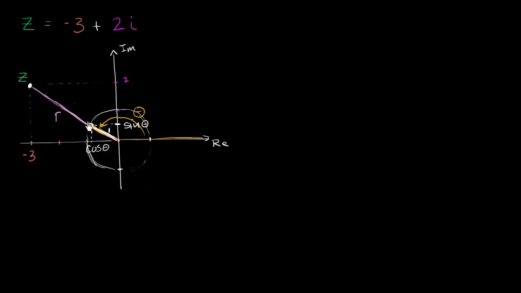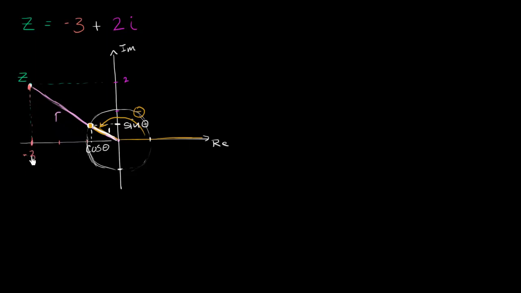So this distance right over here is 1. But now we are r away from the origin, r times as far. So for r times as far in that direction, we're going to be r times as far in the vertical direction and r times as far in the horizontal direction. We're going to scale everything by r. So the horizontal coordinate of this point right over here, instead of being cosine of theta, is going to be r cosine of theta.